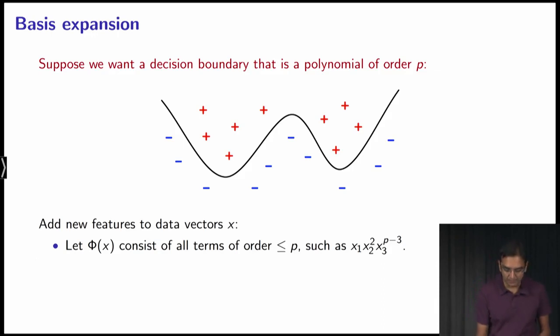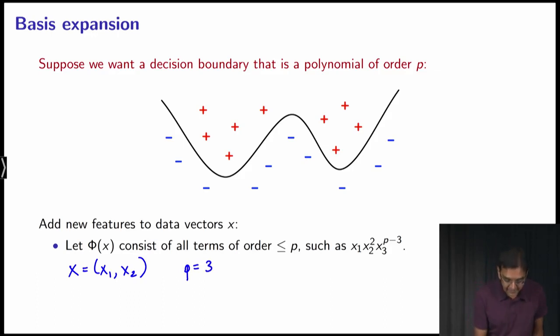Okay, so for example, let's say that the original data points are two-dimensional. So x has two features, x1 and x2. And let's say that the kind of boundary we want is a polynomial, say, of degree 3. Okay, so p equals 3.